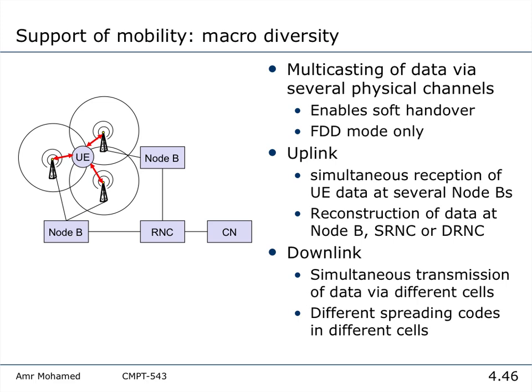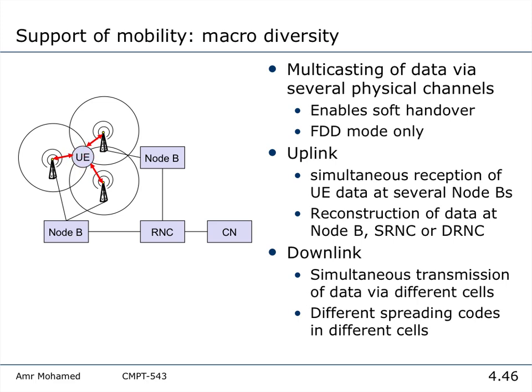UMTS provides what we call macro diversity. And what that means is, due to the fact that we started to have more dense networks, which means that the cells, especially in rural areas, the distances between the cells become smaller and smaller to have more user capacity. So the UE, when it moves from the range of one Node B to another, or from one antenna to another, right?